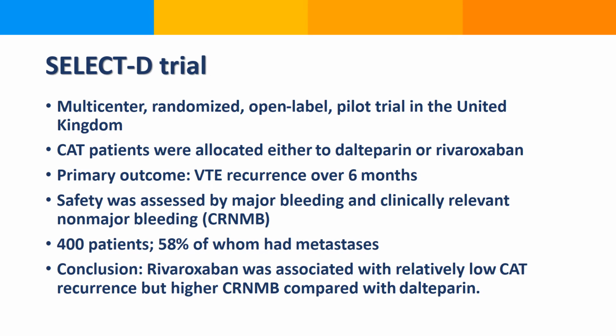The SELECT-D trial was a multi-center, randomized, open-label pilot trial in the United Kingdom. CAT patients were allocated either to dalteparin or rivaroxaban. The primary outcome was VTE recurrence over 6 months, and safety was assessed by major bleeding and clinically relevant non-major bleeding. 400 patients were involved, 58% of whom had metastases.